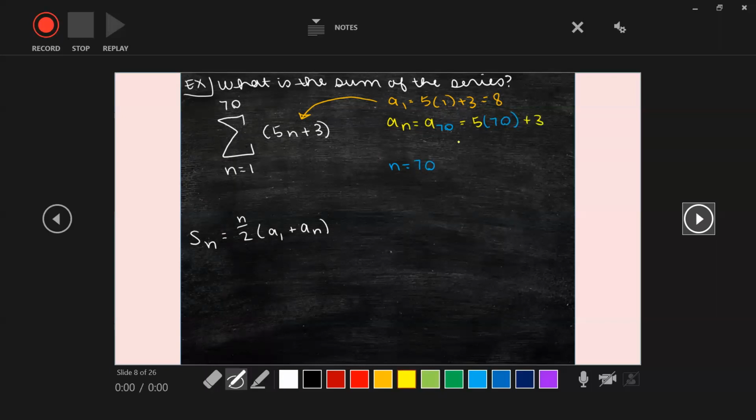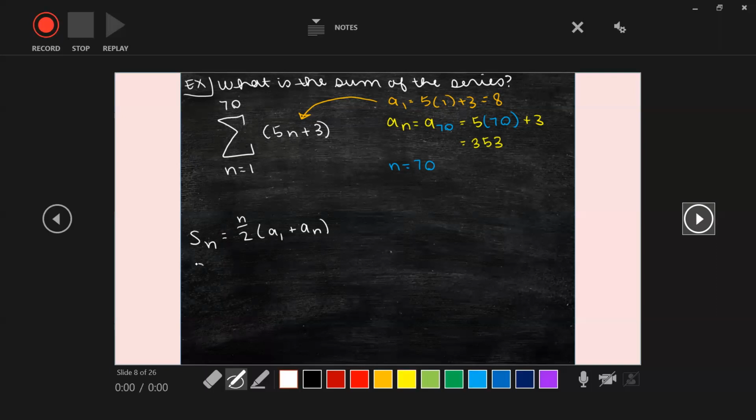Off the top of your head, what is 5 times 70? 350. 7 times 5 is 35, so 5 times 70 is 350. Then plus 3, 353. So a sub n is 353 and my n is 70.